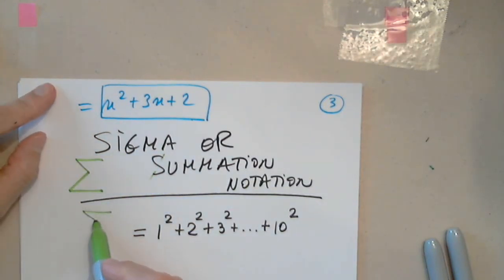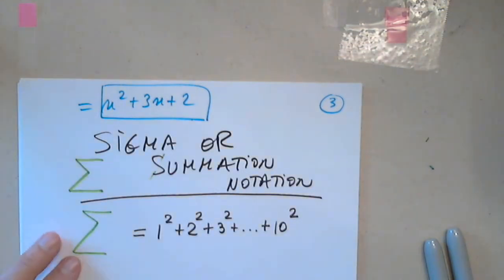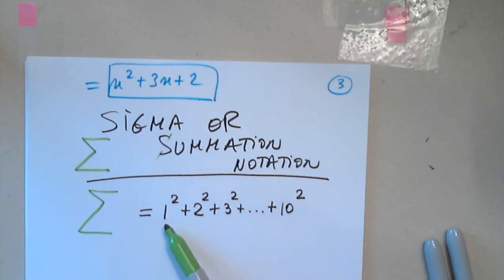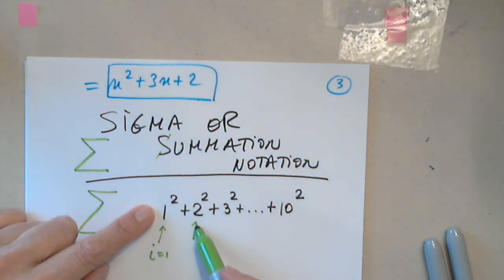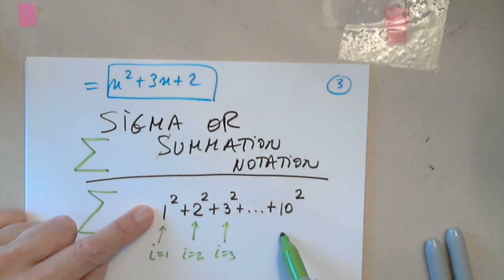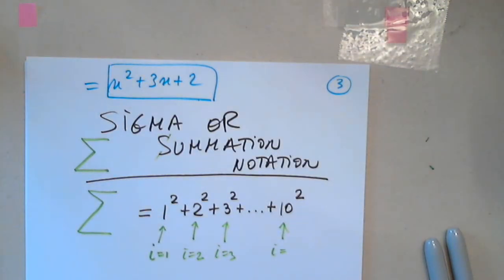Okay, so what does this mean? It means that I'm adding how many numbers? From the first number, let's say from i equals 1, this will be for i equals 2, this will be for i equals 3, and this will be for i equals, what do you think? 10.